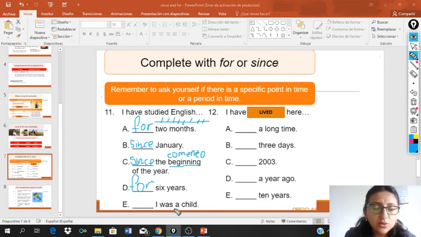Yo era un niño. For I was a child or since I was a child. Very good. Since I was a child, because we are talking about the exact moment that I started to study English.